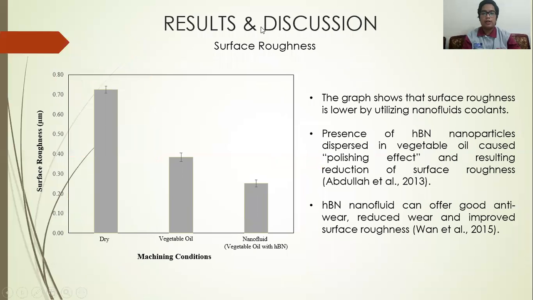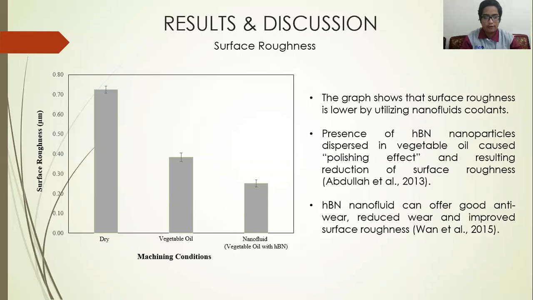Next, the result and discussion. This is the result for surface roughness. The graph shows that the surface roughness is lower by utilizing nanofluid coolants. The presence of HBN nanoparticles dispersed in vegetable oil causes a polishing effect, resulting in reduction of surface roughness, by Abdullah et al. 2013.